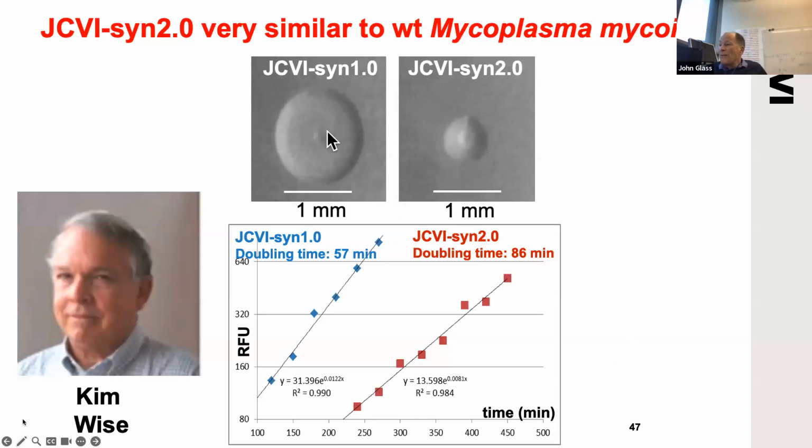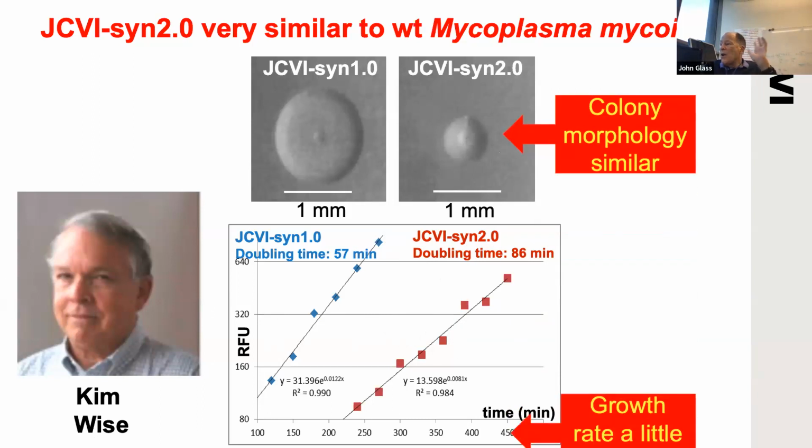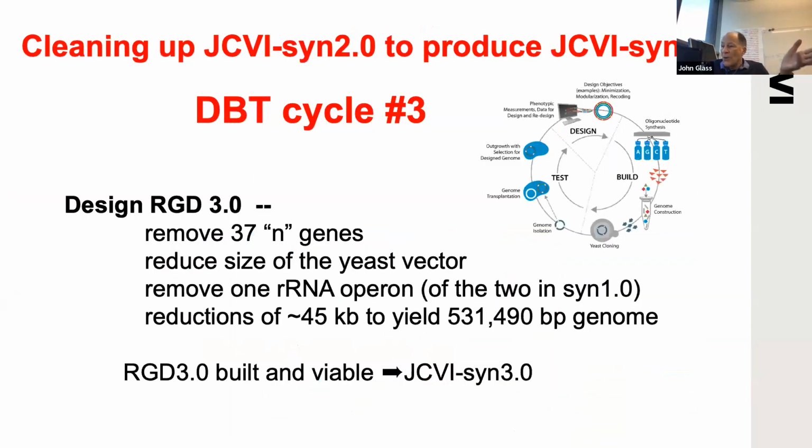And it grew, it made a nice colony. It grew about half the speed of the wild type cell. And it made colonies about the same size. Kim Wise was the person who does all of this work. He's a famous mycoplasmologist. So we thought we were done, but Craig said he wanted us to go back to the drawing board for cycle 3.